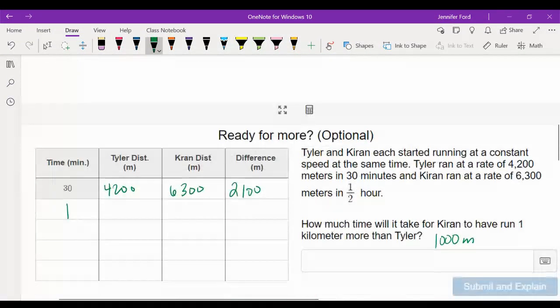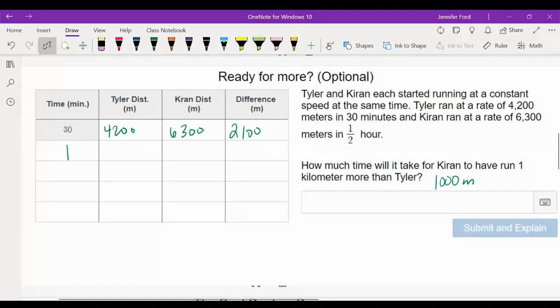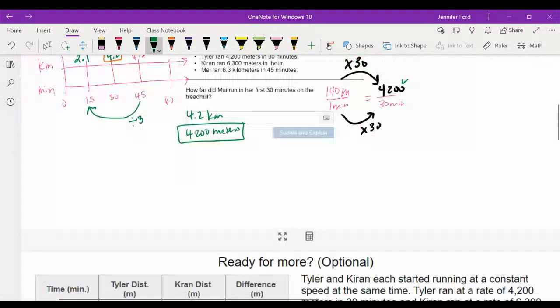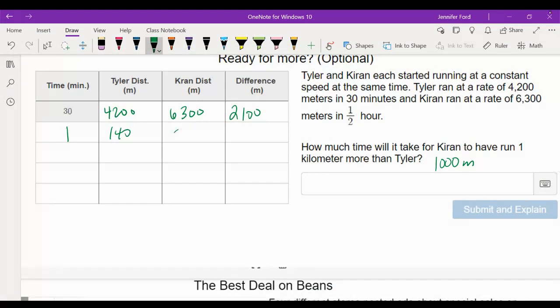So I'm going to use those answers here. 140, and 210. Okay, so that's a difference of 70 meters. And I want a difference of 1,000 meters.